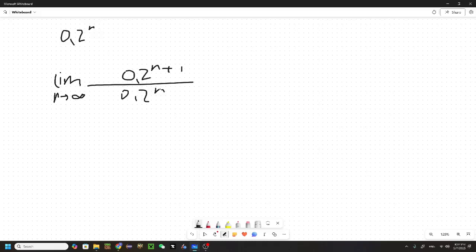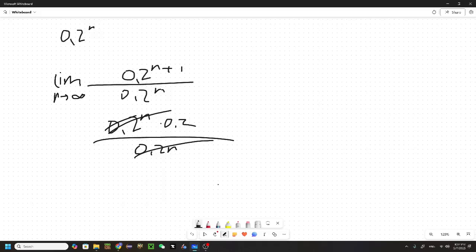We can just do 0.2^n and 0.2, and these two will cancel out with 0.2^n here. So the limit doesn't really matter, and we have 0.2 is less than 1.